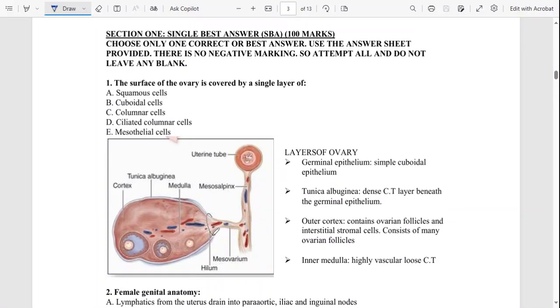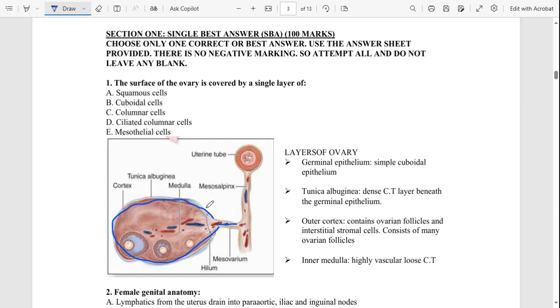So we can see here, this is the ovary, which is of course connected to the fallopian tube. And we can see the connection via this mesovarium.